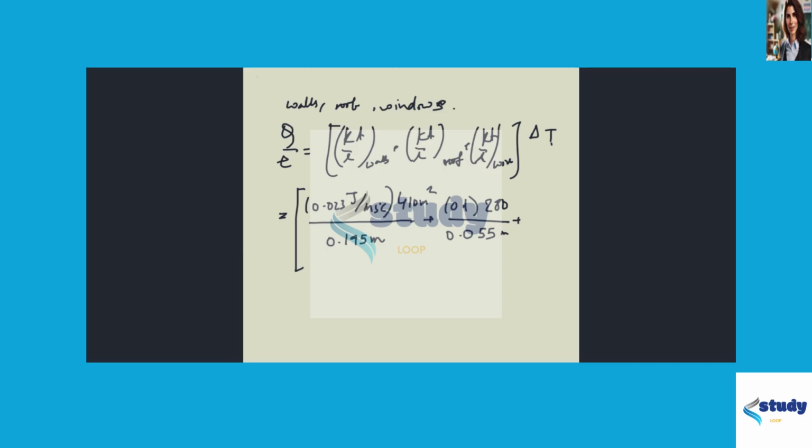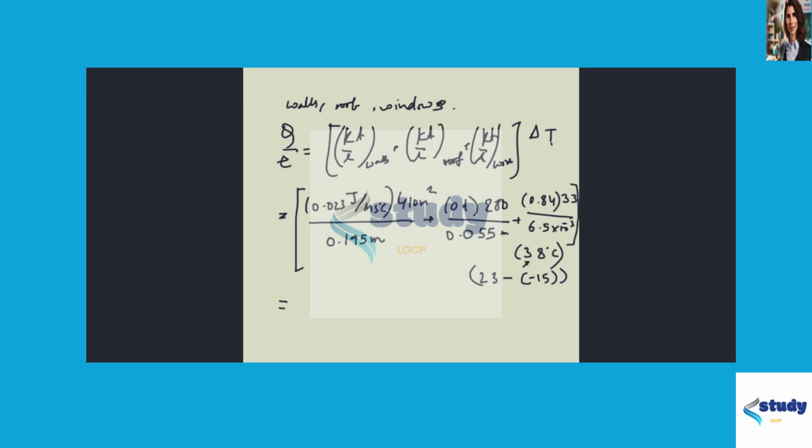Plus for windows, K is 0.84 watt per meter degree Celsius. Area is 33 meters squared divided by the width, which is 6.5 into 10 power minus 3 meters. All of this needs to be multiplied by 38 degrees Celsius, the temperature difference. It's 23 minus 15, by the way.